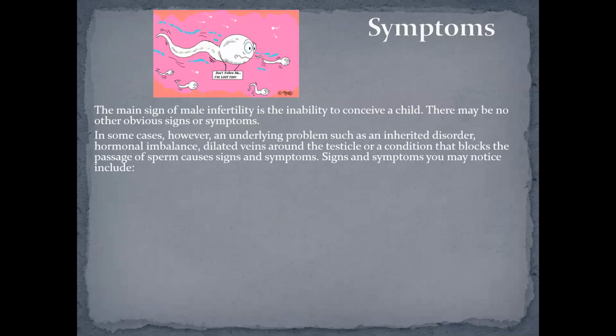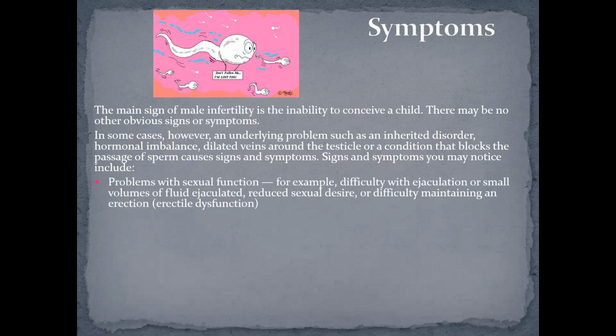However, they are a manifestation of underlying problems such as inherited disorders, hormonal imbalance, dilated veins around the testicle, or a condition that blocks the passage of sperm. Signs and symptoms that are possible are the following.